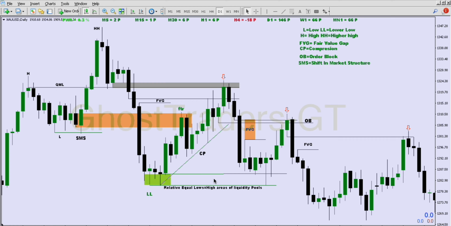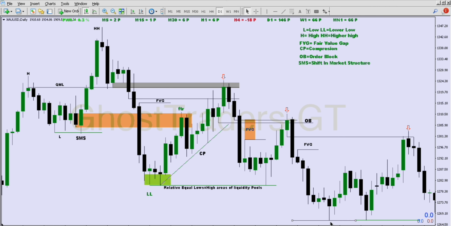And also the same thing, if you just look here, you can see price is doing the same thing. It just gets to these wicks and then changes direction. It doesn't take it out.